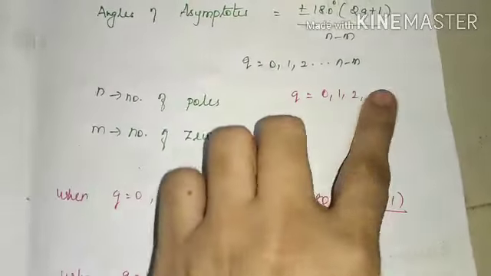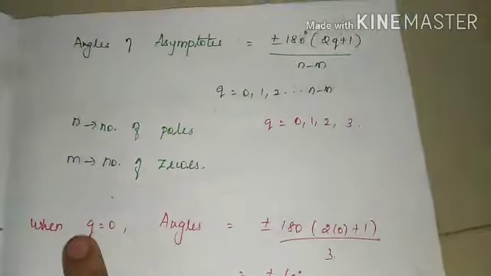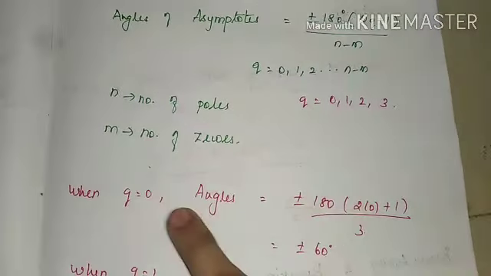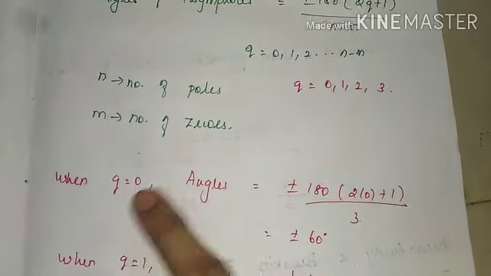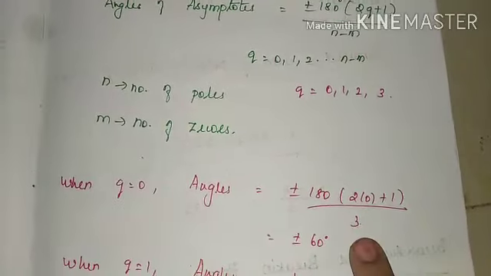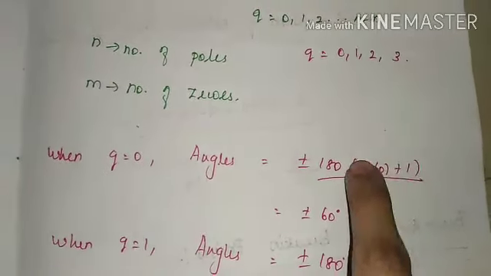We are going to find the values for 4 q's. First we will consider q is equal to 0 in the given formula. So angle of asymptote when q is equal to 0 is plus or minus 180 degree into 2 of 0 plus 1 by 3, and this entire term will become 1.